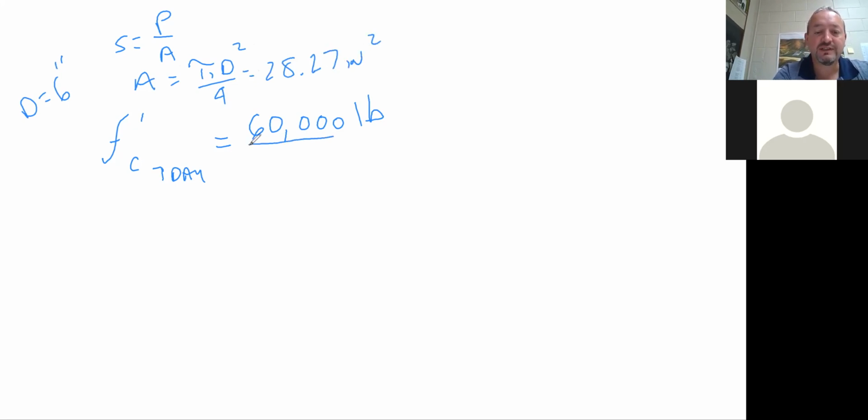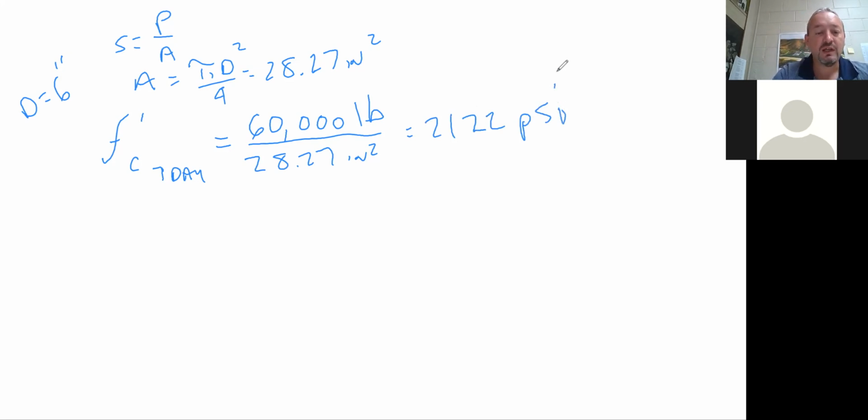So if we say 60,000 divided by 28.27 inches squared, let's see what we get there. I'm going to get a strength of 2122 PSI, pounds per square inch.